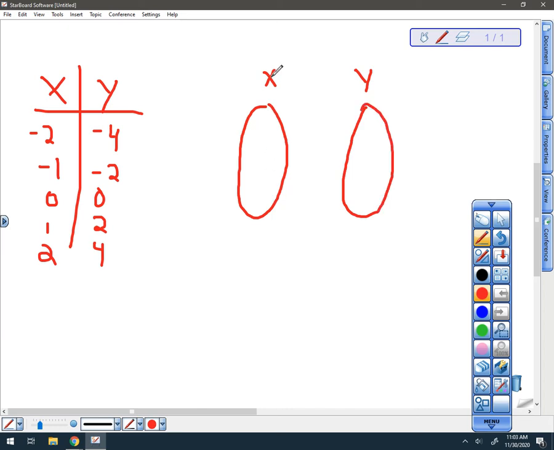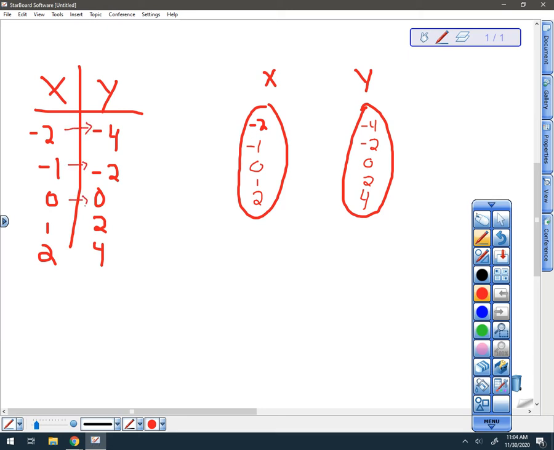On the x side, you put all of the x values in there. So I've got -2, -1, 0, 1, and 2. On the y side, I've got -4, -2, 0, 2, 4. All you're doing for mapping is drawing an arrow from the x to the y it's matched with.